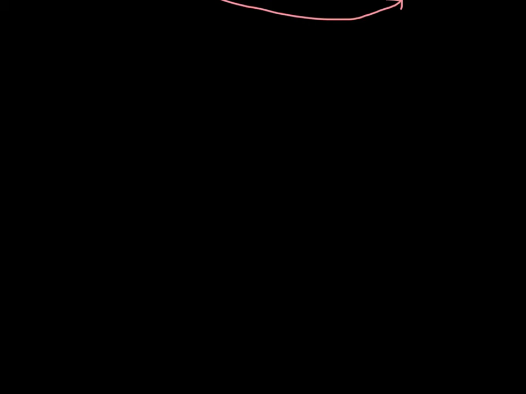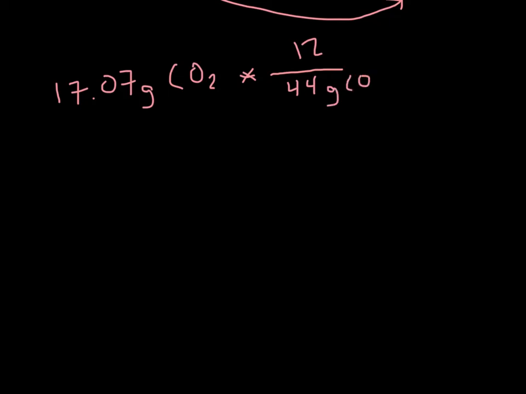So we have 17.07 grams of carbon dioxide. And what I want to know about is the carbon in the carbon dioxide. If I use the periodic table, I know that for every 44 grams of carbon dioxide, 12 of that will be carbon.